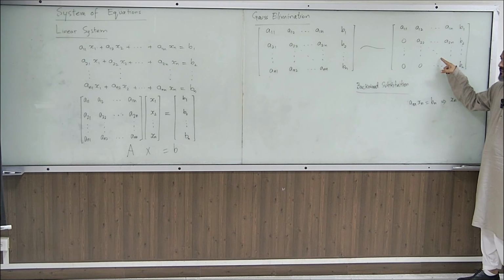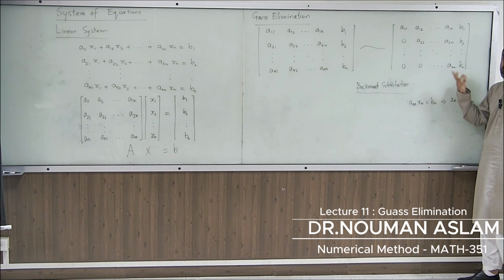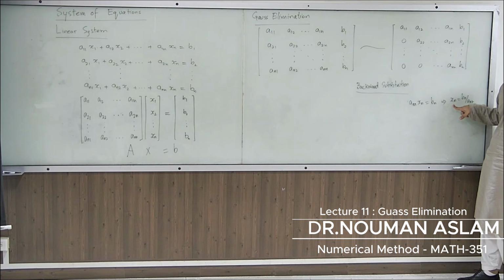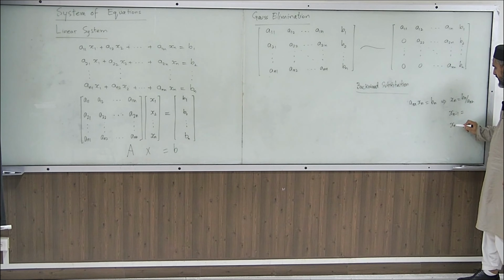Then you write the second last equation and, knowing the value of xn, you can find the value of xn minus 1. Then you find the value of xn minus 2, and ultimately x2 and x1.